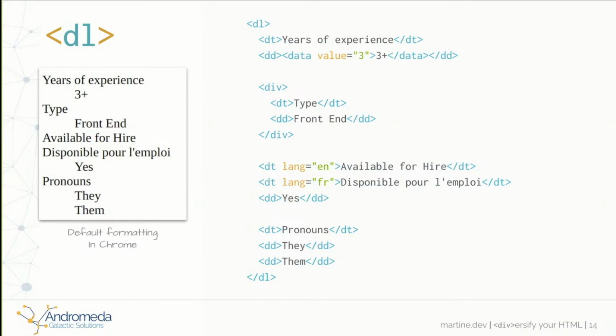So in the case of the one where I have one in English, one in French, and then an answer for it, those two terms are going to be associated with that one answer, versus the one underneath where you have one term but two descriptions, which is going to associate those three together simply based on their order in the HTML.